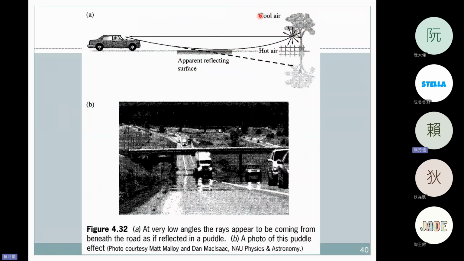So when the upper air is cool and the bottom air is hot, the light from the tree will go through like this. Because the refractive index changes, the light will bend a little.